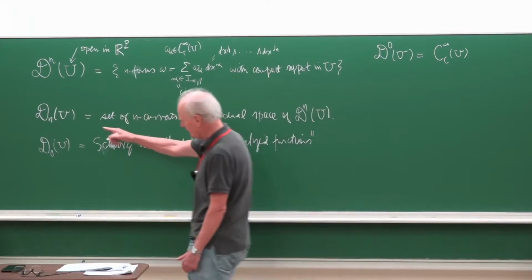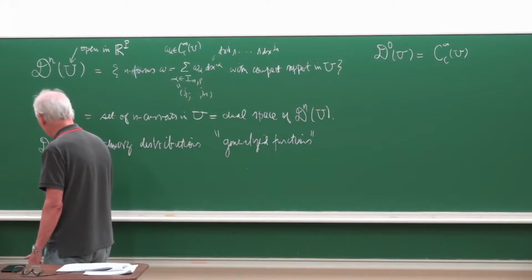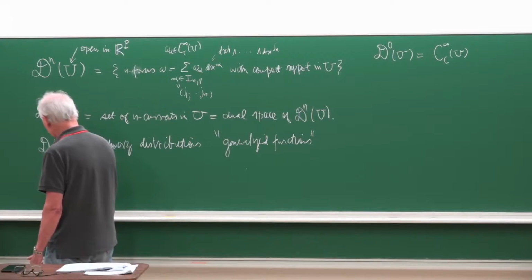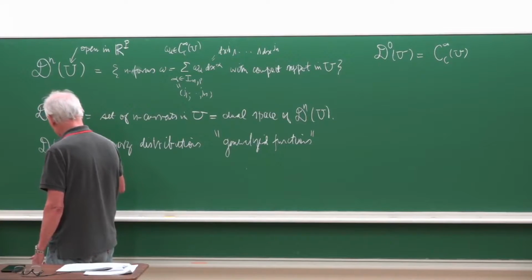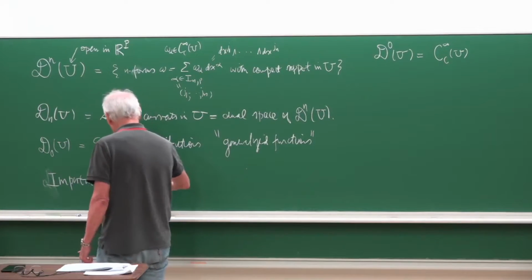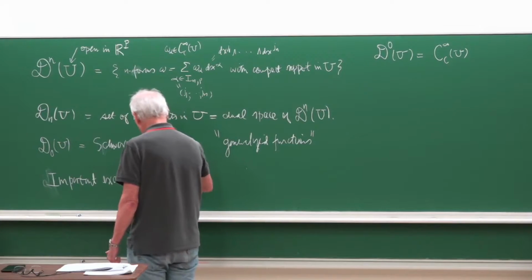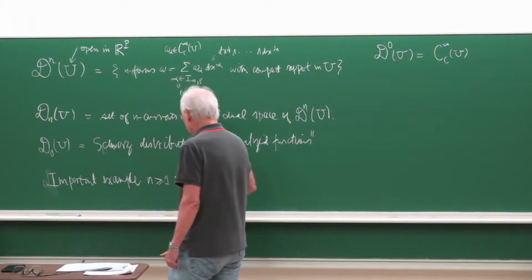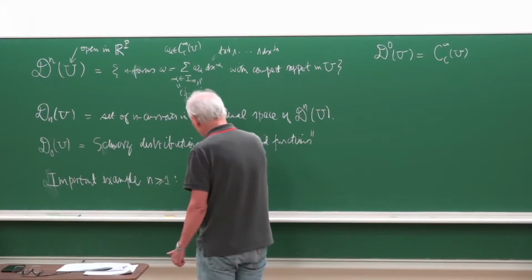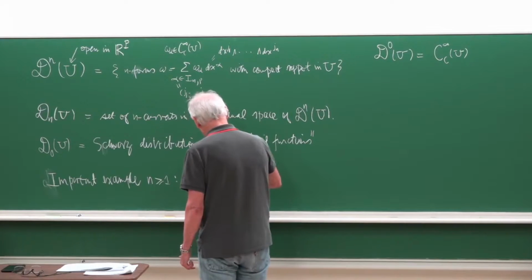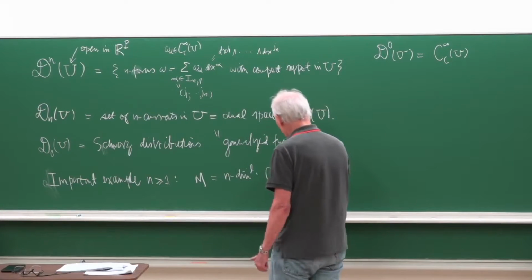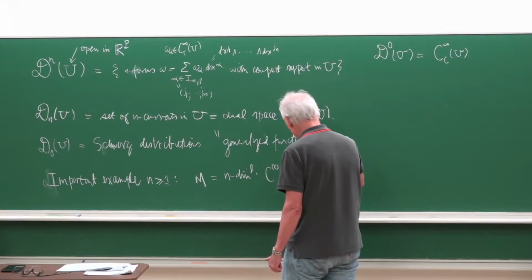So what do these guys represent for n bigger than or equal to 1? Well, it's best just to take the prototypical example. It is a really important example that we'll keep referring to. For n bigger than or equal to 1, it is the current that you get by starting off with an n-dimensional C infinity embedded submanifold M of R^P.